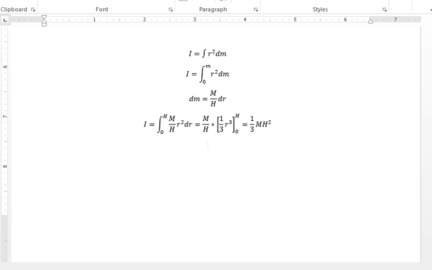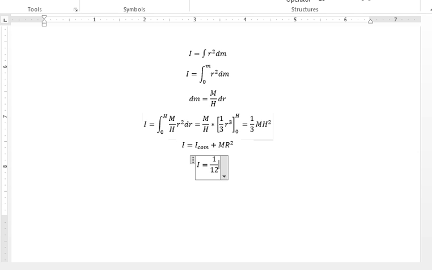Now we could also do this using the parallel axis theorem. I is I center of mass plus m r squared. If you look up in your book, the I center of mass for a rod spinning about its middle is 1/12 its mass times its length squared. And for the parallel axis theorem, we got our mass, and now this is h over 2 squared.